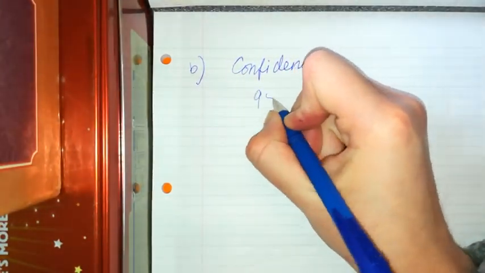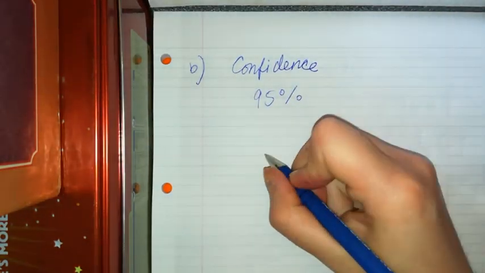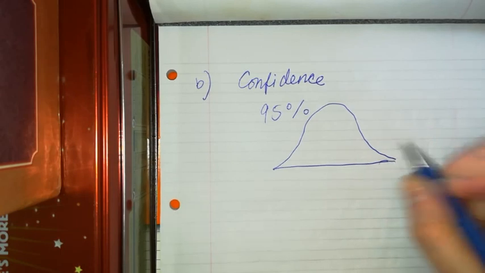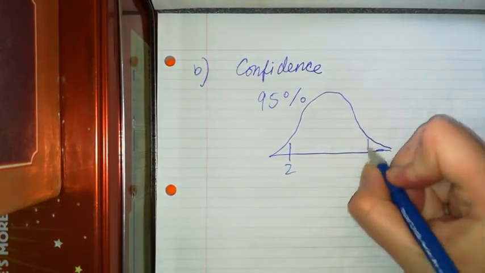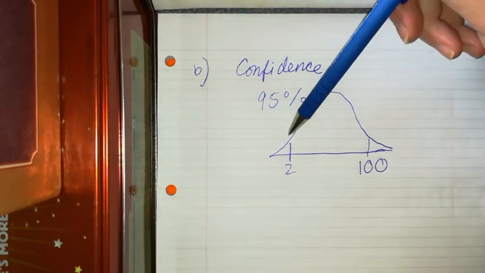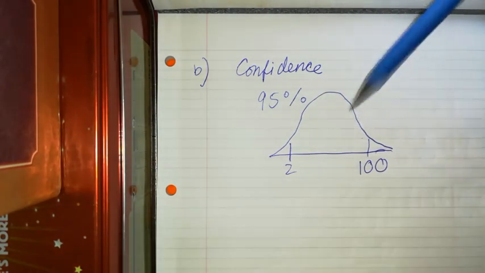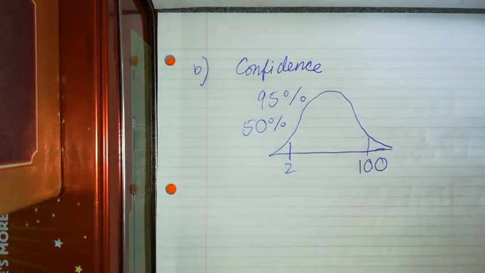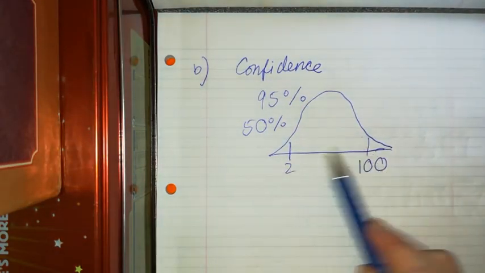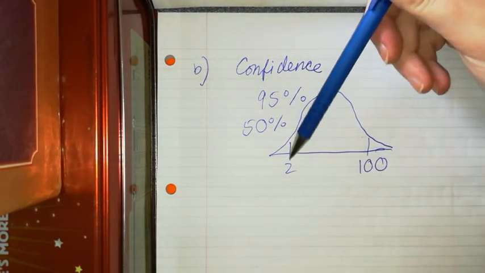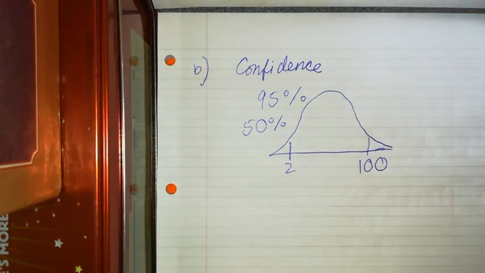So say if we have a 95% confidence interval that our population lies between 2 and 10, that means 95% of the time our values are going to be between 2 and 10. But if we had a 50% confidence interval that it lies between 2 and 10, that means 50% of the time it lies between 2 and 10. But that doesn't necessarily imply a wider interval.